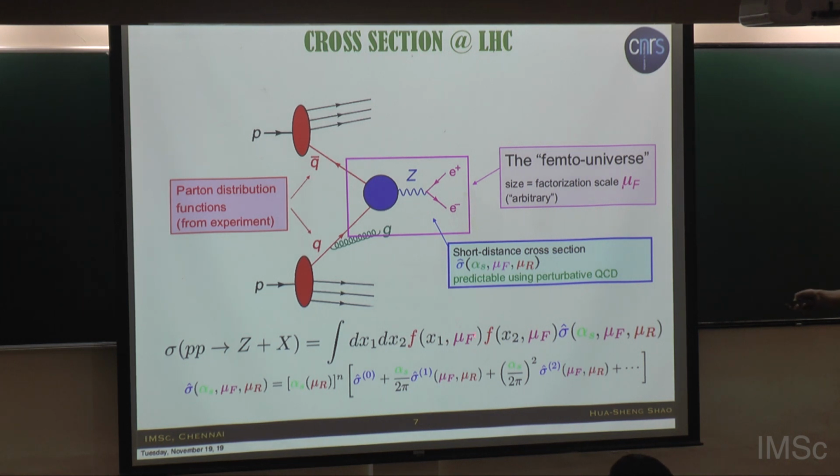Of course, we don't go to non-perturbative regions here. In the perturbative region, you know what the PDF is. And there is a short-distance part, which is mainly where new physics may come in, and you can compute it in perturbation theory. And there are some couplings with scales, like the factorization scale and the renormalization scale, that come in.